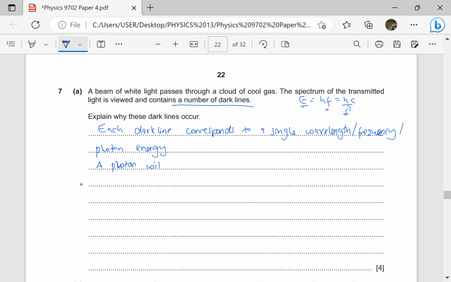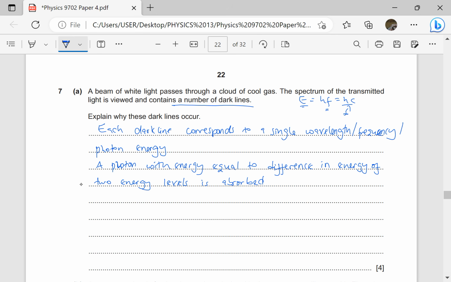So a photon whose energy is equal to the difference in energy of two energy levels is always absorbed.